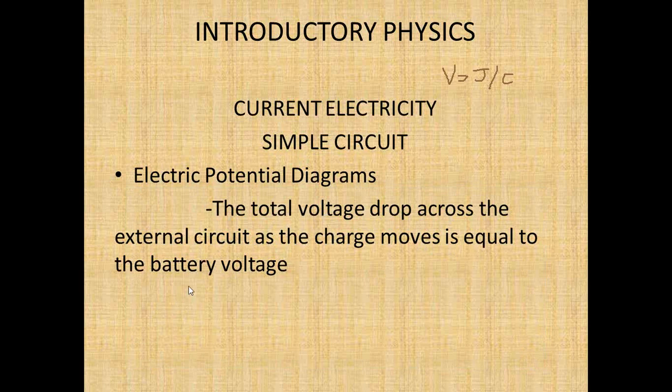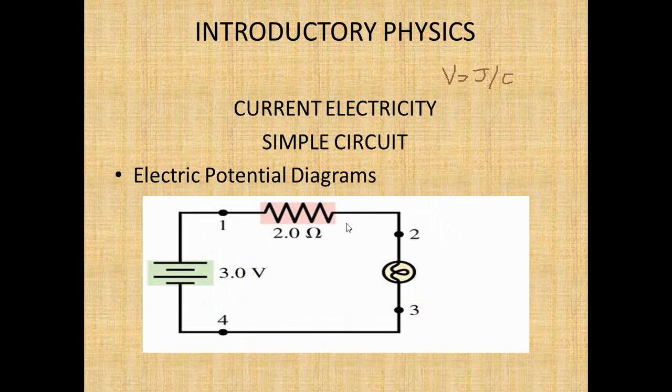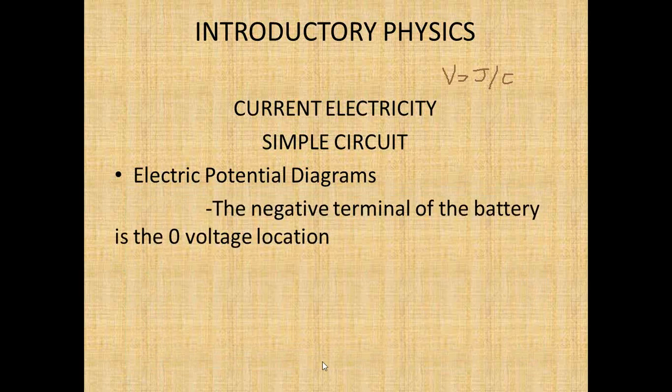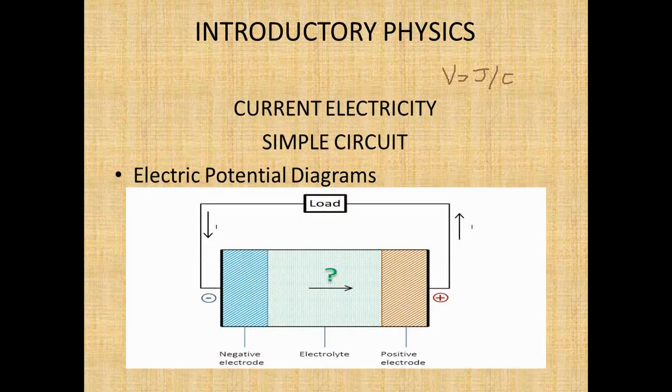So we'll go over that again, but when we say voltage drop, in order to move this positive charge through the external circuit and back to the negative, you're going to get what we call a voltage drop.